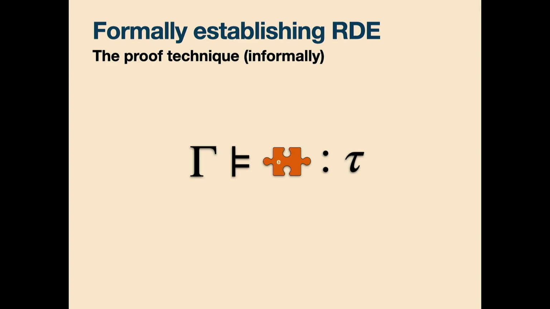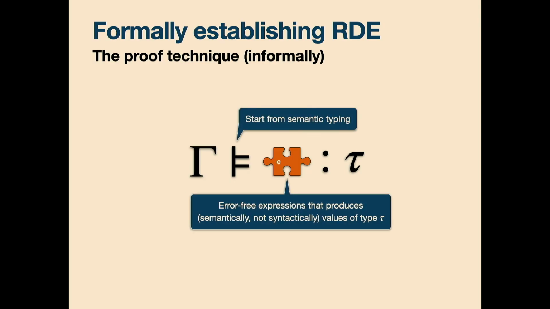So how do we prove this? We start with semantic typing. This we did using logical relations. And this means basically that the expression cannot error, and it's going to reduce to values of type tau.